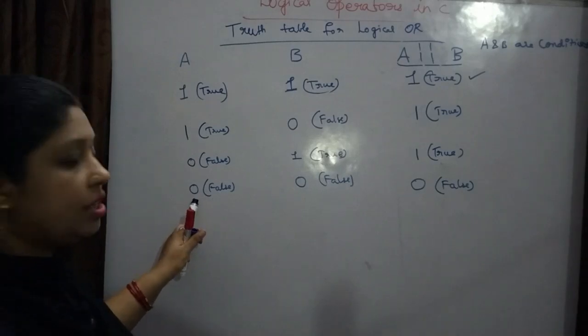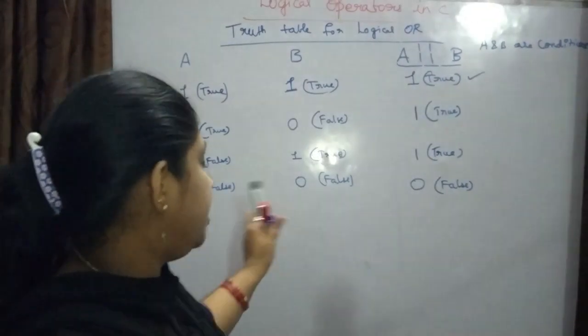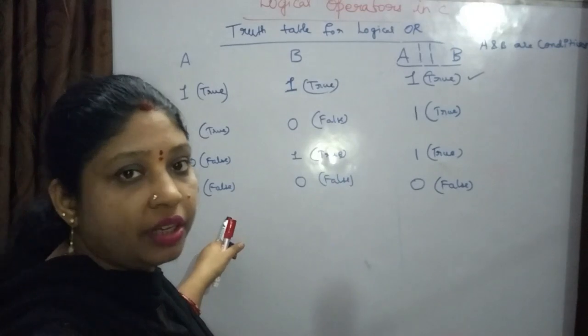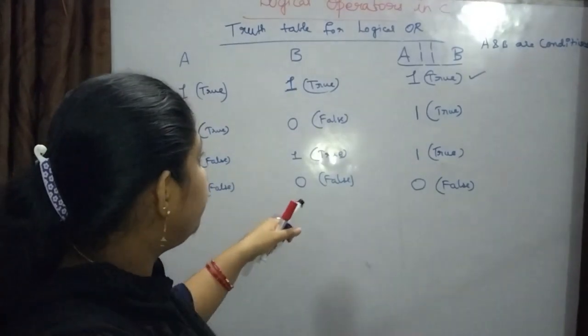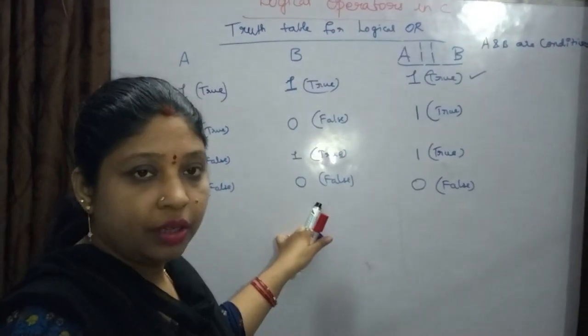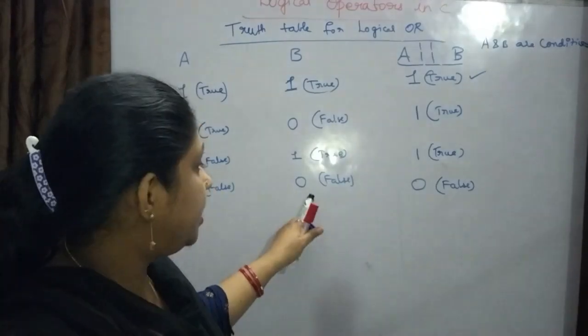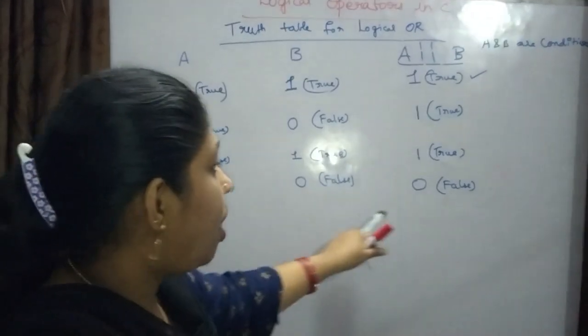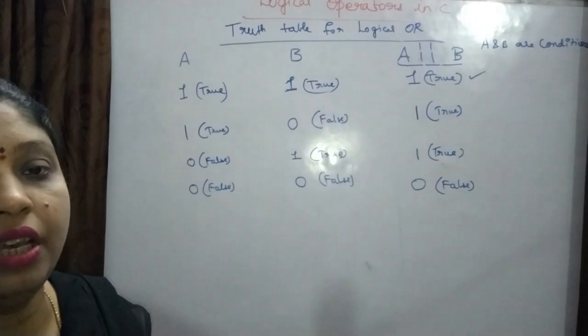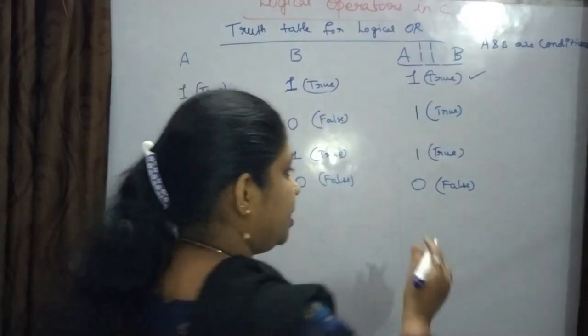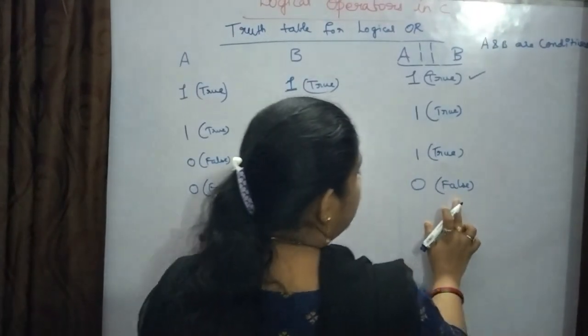Okay, next, the last one. If A condition is false, the return value will be 0. If B condition is also false, that means it's not satisfied, then the return value is 0. Automatically both are 0, so the result will be 0. So the condition is false.